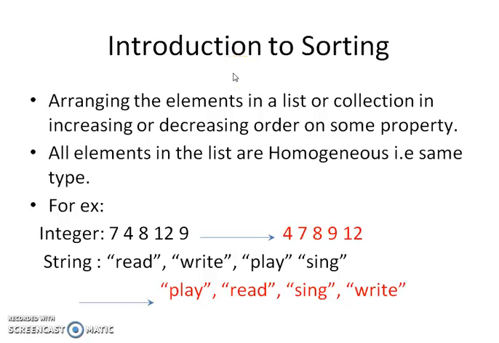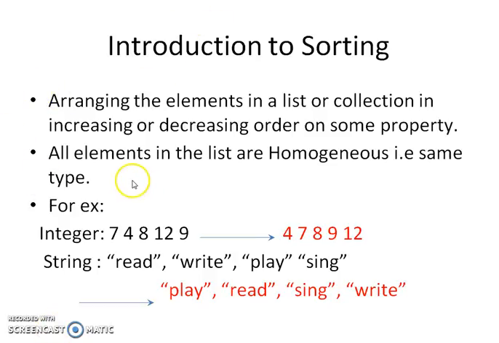This may improve the readability of the data, or it may help to search or extract some information quickly out of data. So, sorting is arranging the elements in a list or collection either in increasing or decreasing order, depending on some property.